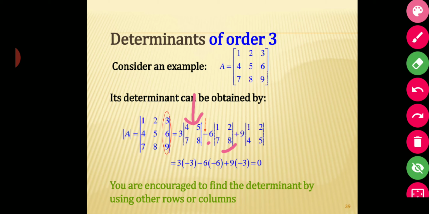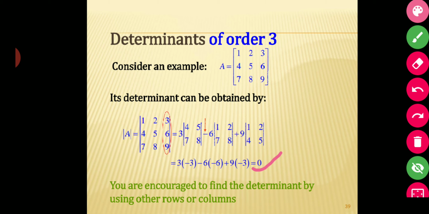Third element, this is plus 9, you cancel its row and column, and the remaining elements 1 2 4 5 are written here. While writing elements, remember the signs are positive, negative and positive: plus, minus, plus. After solving, you get the value of the determinant as 0.